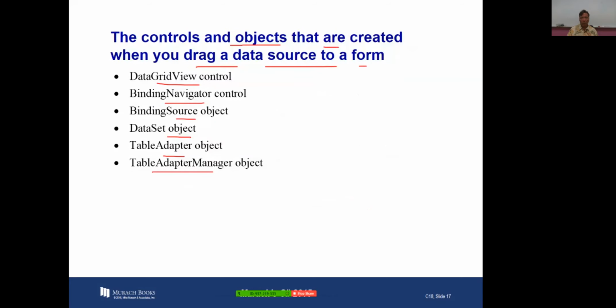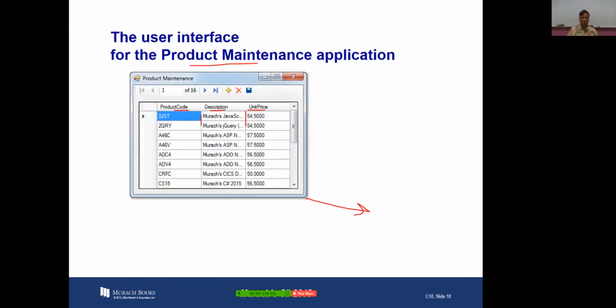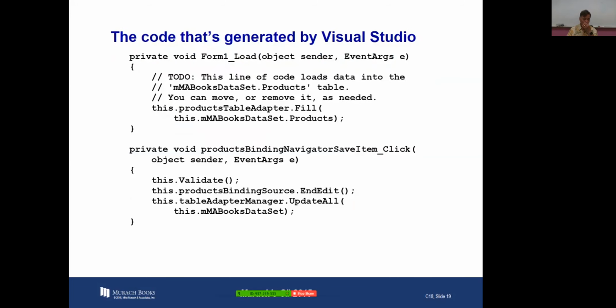And this is the code. We can click on this form here and view the code, and we can see there's not much code in there. This is the load handler, and all it does is it executes this fill method inside the products table adapter.